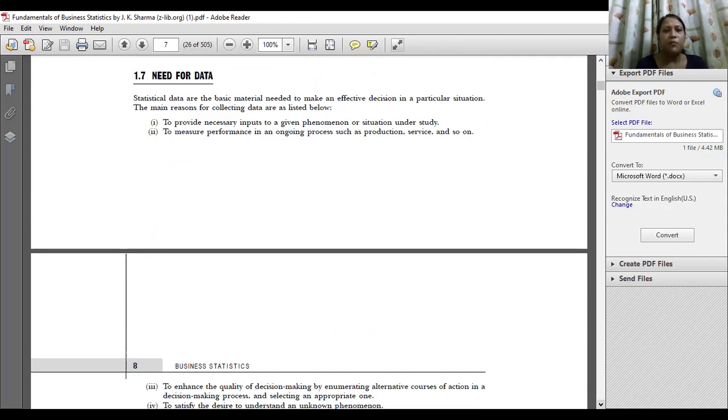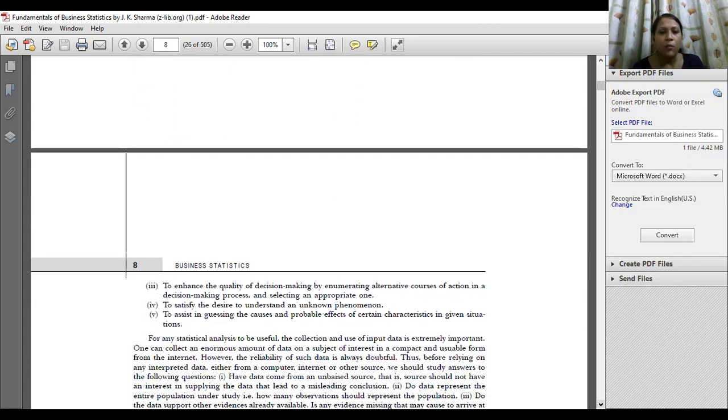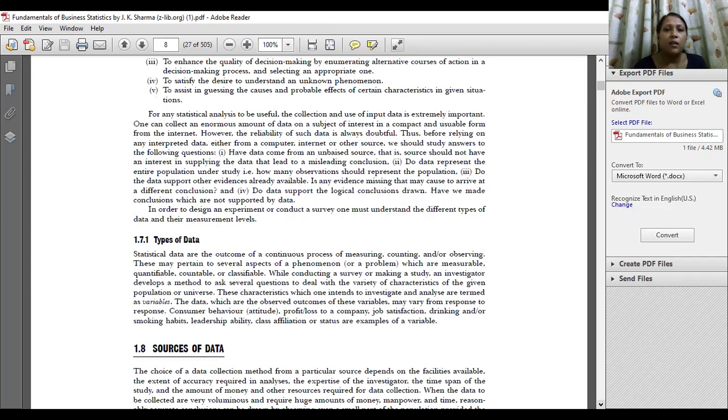The main reasons for collecting data are to provide necessary inputs to a given phenomenon, to measure performance in an ongoing process such as production, service, and so on, to enhance the quality of decision making by enumerating alternate courses of action, to satisfy the desire to understand an unknown phenomenon, to assist in guessing the causes and probable effects of certain characteristics in given situations.